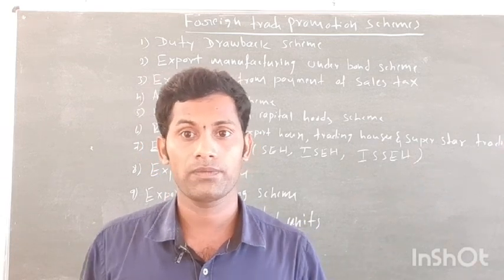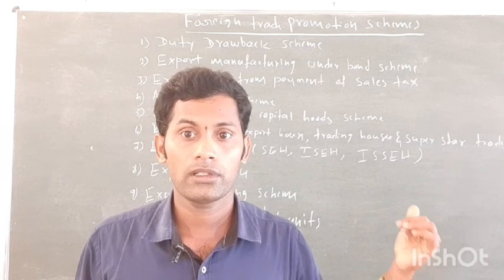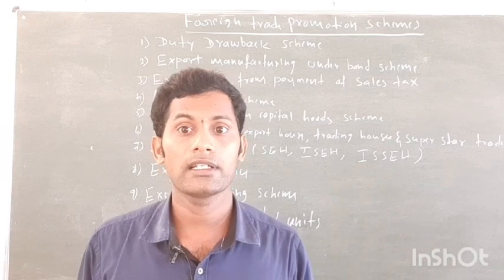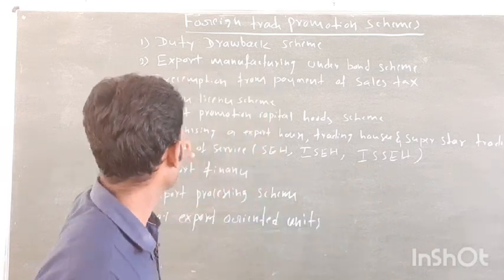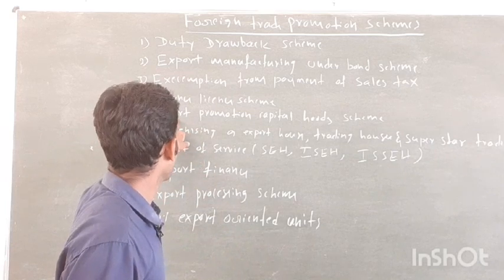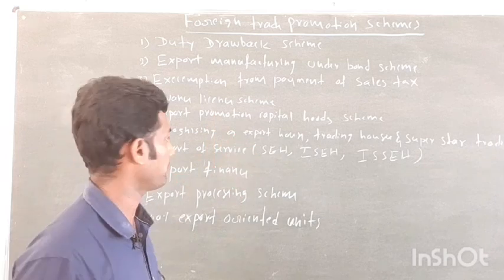In this process, for importing of capital goods, that excise duty is exempted, it is freed from the tax. That is the fifth one, the export promotion capital goods scheme.